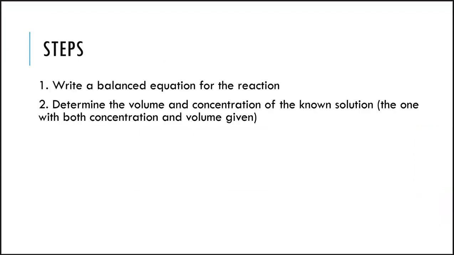Now, there's actually a step-by-step process in this. You need to think sequentially and not let your thoughts precede one another. First, write a balanced equation for the reaction. Then determine the volume and concentration of the known solution. Which one do you know? The one that you know both concentration and volume. Then use n equals CV to find the mole of the reactant that you know.